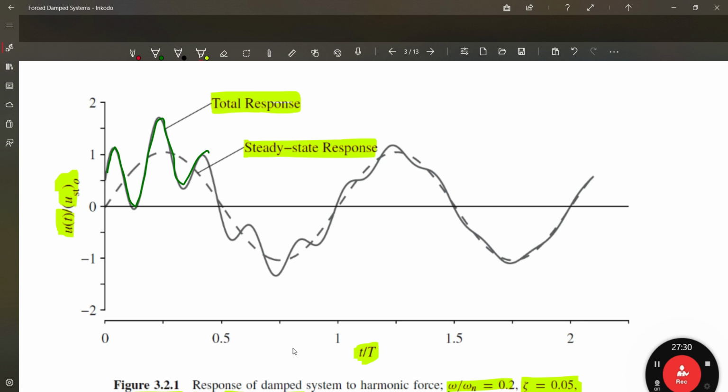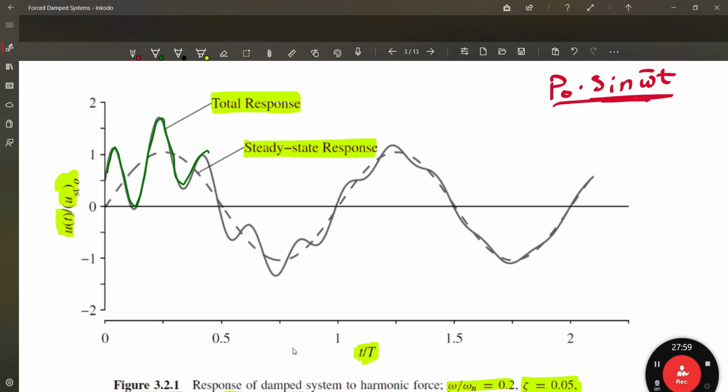Actually, the steady state response has something to do with the forcing motion itself. As I have mentioned before, our forcing motion is P node sine omega bar t, so it is a sine wave. The dashed line represents this P node sine omega bar t.